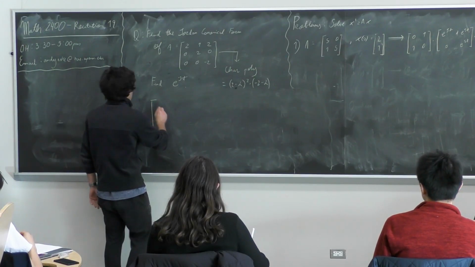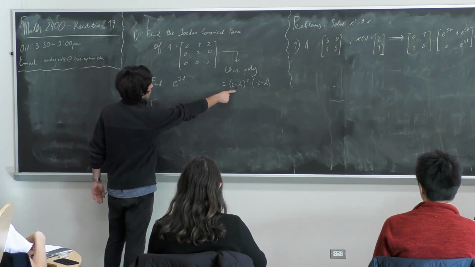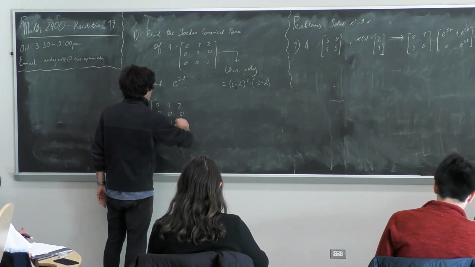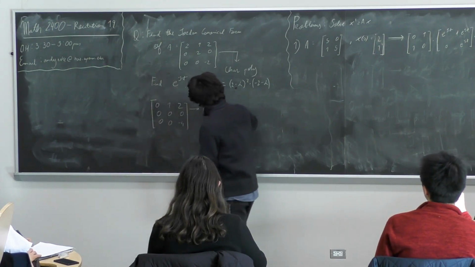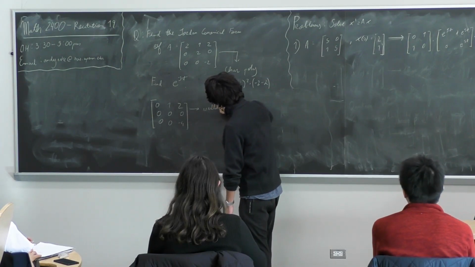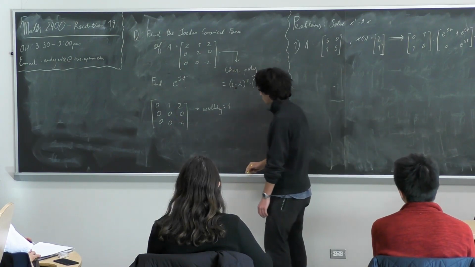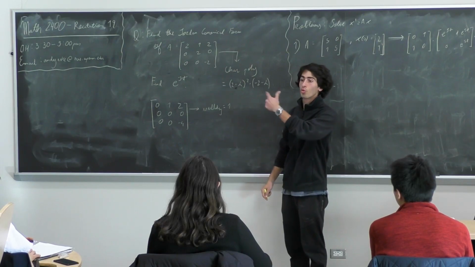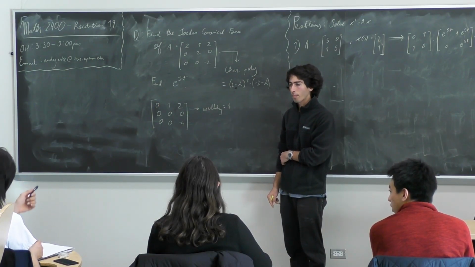I'll just write this straight here. So I'm going to plug in 2, then 0, 1, and then 0, 0, 0, 0, and then 4. You know that this will have nullity equal to 1. But this nullity is actually 2 though. No, the square will have nullity equal to 2, but this nullity is 1.